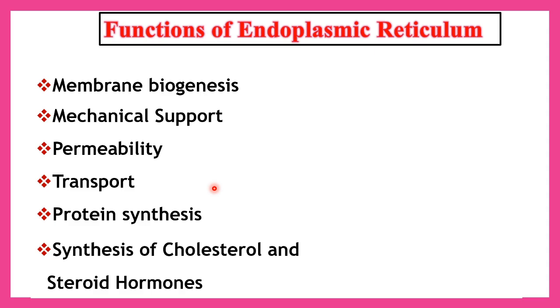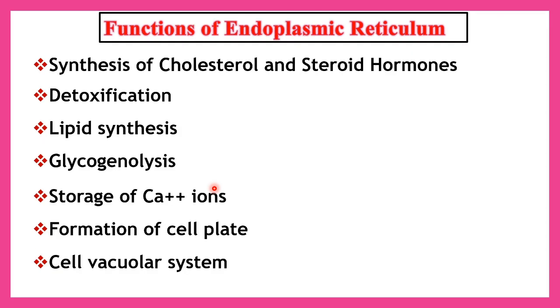Clade stated that triglyceride synthesis is limited to the smooth endoplasmic reticulum. It also is involved in the synthesis of cholesterol and steroid hormones. The testis, ovary and adrenal cortex contain smooth endoplasmic reticulum, which is involved in the synthesis of steroid hormones.